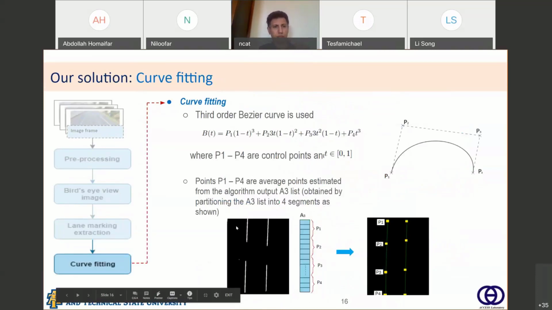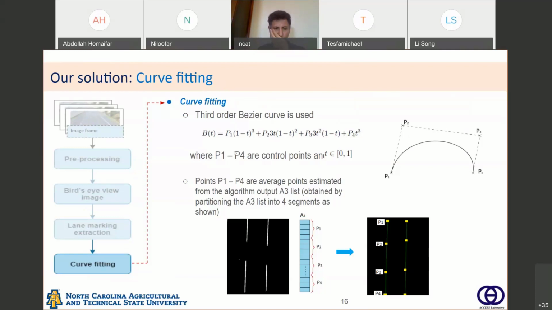Now we have all the pixels which are considered to be a part of the lane boundary. Now the last stage is just to fit them with a parametric curve or maybe a non-parametric curve. In this case, we used a Bezier curve, a third-order Bezier curve, which corresponds to a third-order polynomial.